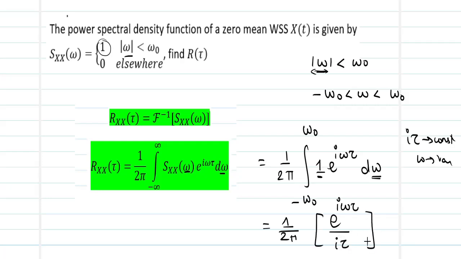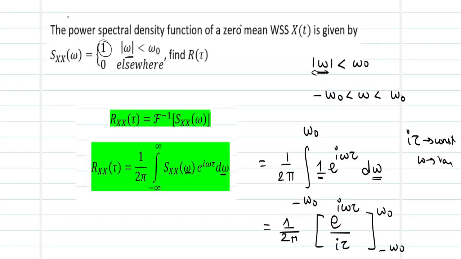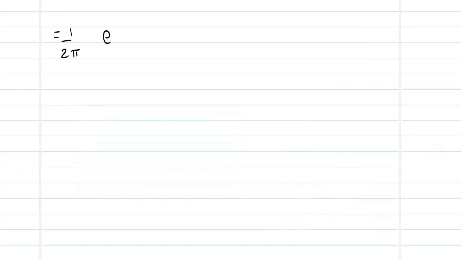This has to be applied between the limits omega naught and minus omega naught. Moving to the next slide, this is going to be 1 divided by 2 pi, e power i omega tau divided by i tau between the limits omega naught and minus omega naught.